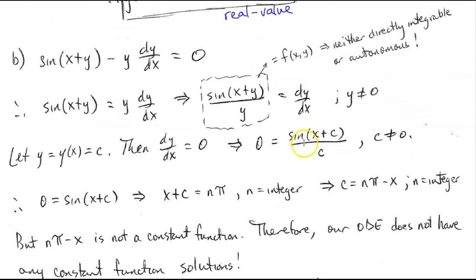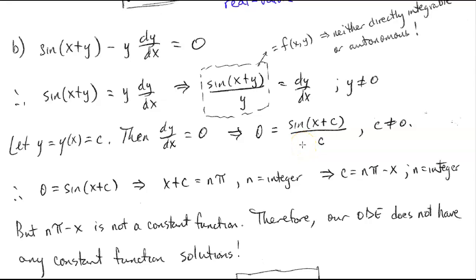Now, in our next example, of course, if we take this particular differential equation and we rearrange it to have this equal dy over dx, we see that dy over dx is just sine of x plus y divided by y. In this case, if I was to let y equal c, and here I know that if y is equal to c, then the derivative of this would have to equal 0.